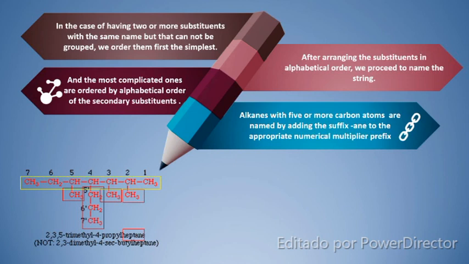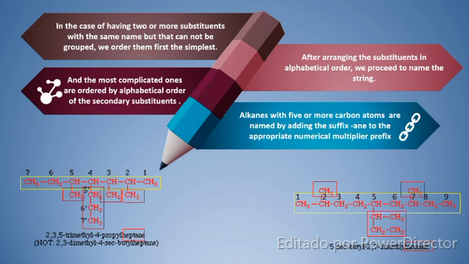But in the second way, we can see that we have 4 substituents, 3 methyls and 1 propyl. Therefore, this chain is the correct one, because it has the highest number of substituents. The chain, being of 7 carbons, is named with the root "hept" and the suffix "ane".